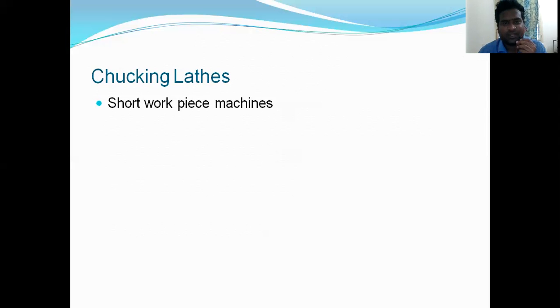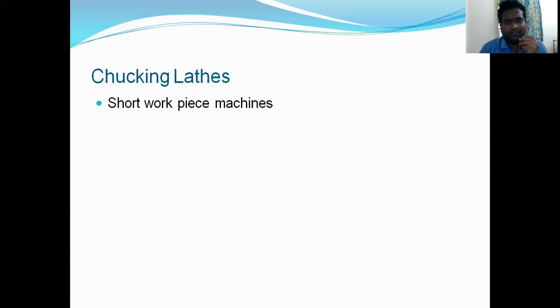The main purpose of the tailstock is to support long or lengthy jobs. When doing the operation, if any vibrational effects are produced, the tailstock supports the long jobs. But here, the tailstock does not appear in the chucking lathes, the automatic lathes.